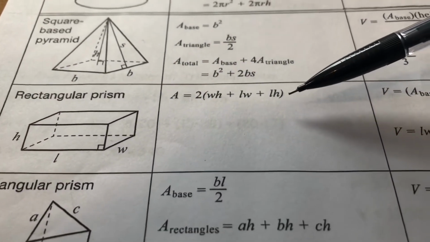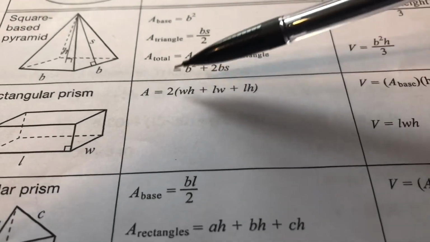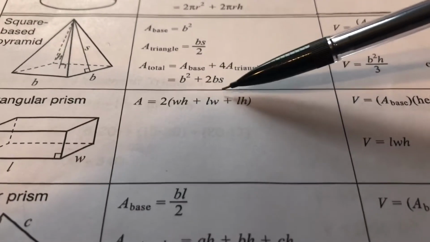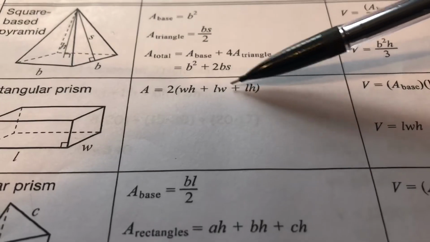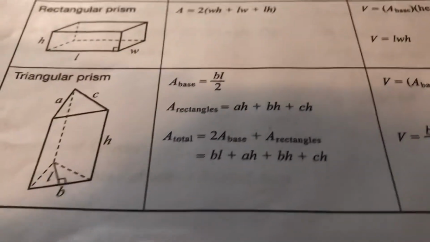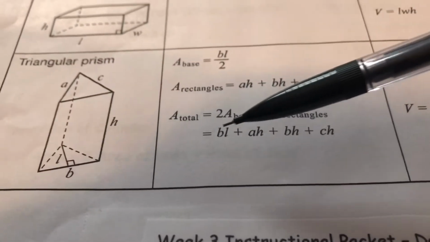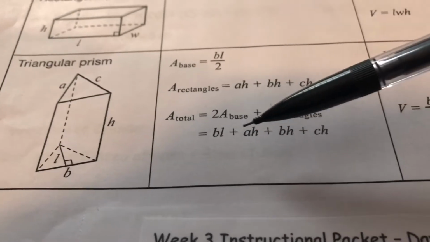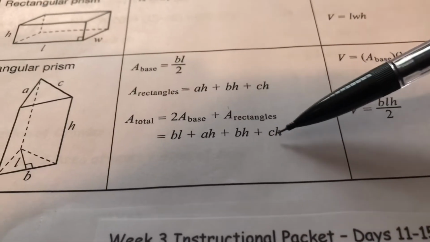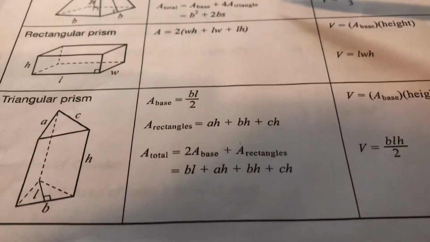Your rectangular prism, you have 2 times the whole thing, which is the width times the height, plus the length times the width, plus the length times the height. So that one's kind of a bigger one. And then the triangular prism, you have b times the length, plus a times the height, plus b times the height, plus c times the height. So those are all of your formulas for surface area.